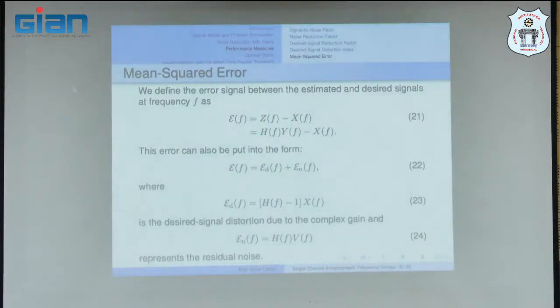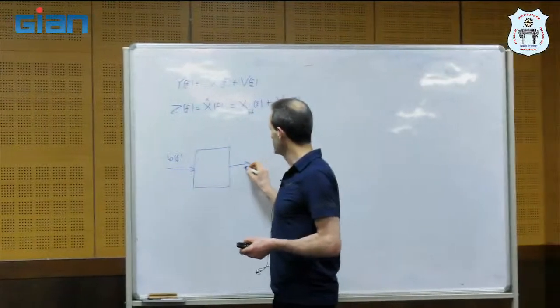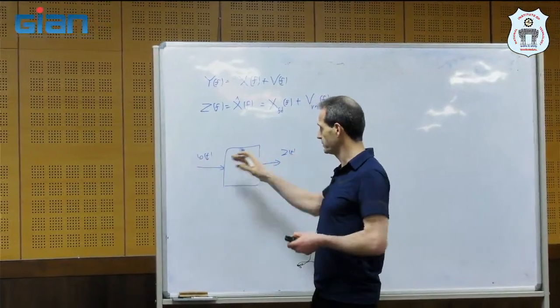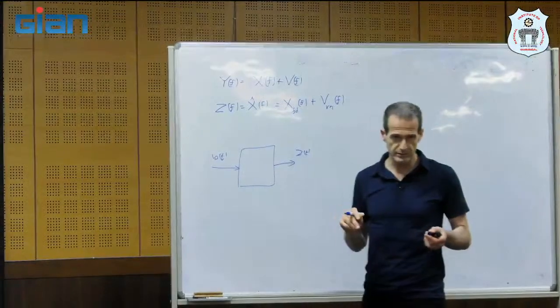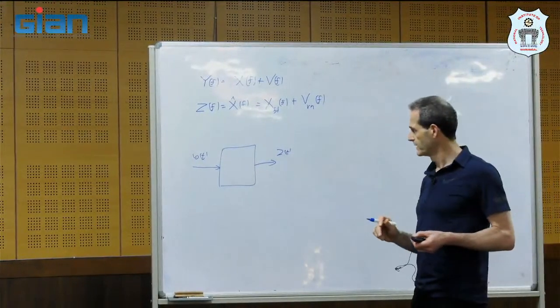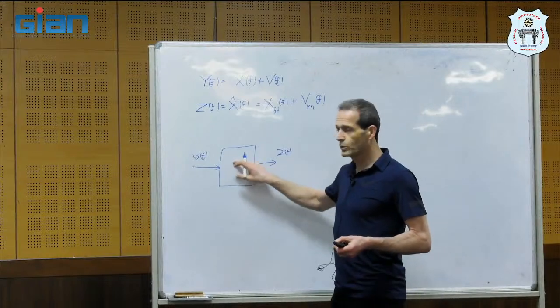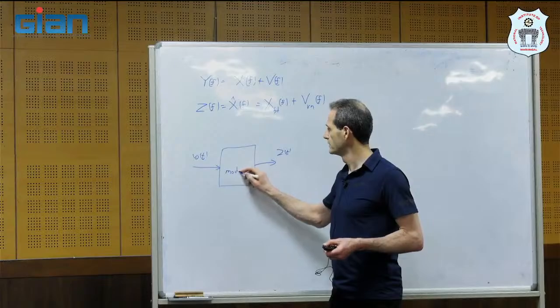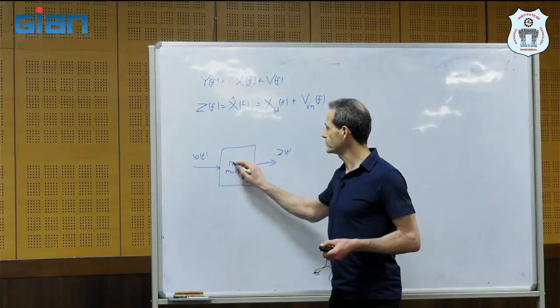y, so it can be y(t), or in the frequency domain, maybe. And then we have a network that does something, and then the output will be z(t), or in the frequency domain, it will be the same in f. Usually in the frequency domain, we need all the frequencies. So this network or model, okay, it will be a neural network model.